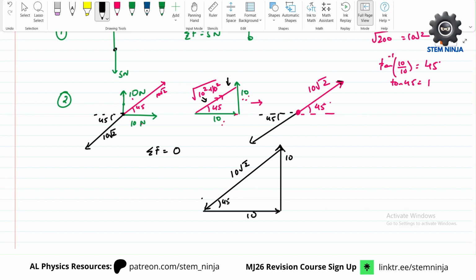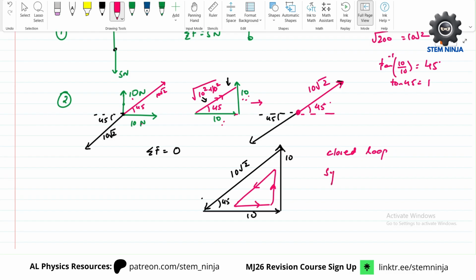So now what will happen is that if you notice, the directions are all forming a closed loop. This is a closed triangle, closed loop. This is an indication that the forces are in equilibrium.